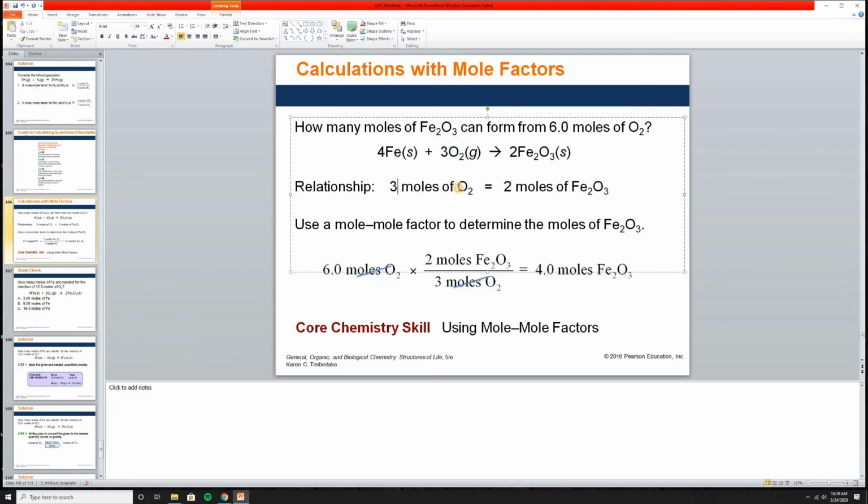So we know that 3 moles of O2 makes 2 moles of Fe2O3. So if we have 6 moles of O2, well, 2 moles of Fe2O3 corresponds to 3 moles of O2, basically multiplying our ratio by 2. So this is 3 moles here, make this 6. 2 moles here, make this 4, right? So it would be 4 moles of Fe2O3.